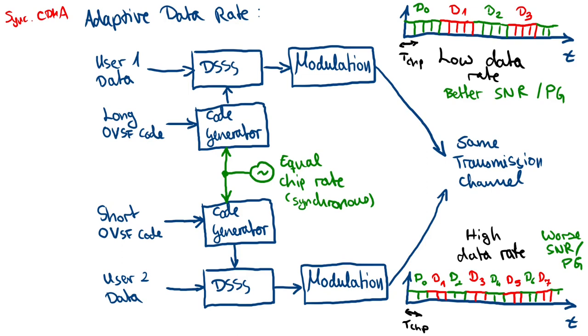You cannot change the chip rate, because both users must be synchronized, and the codes must be aligned. Remember that the code must start at the same time for both users, and to be synchronous, their frequency must be equal, so that their frequency is the chip rate, and everything must be aligned. So chip rate must be equal.